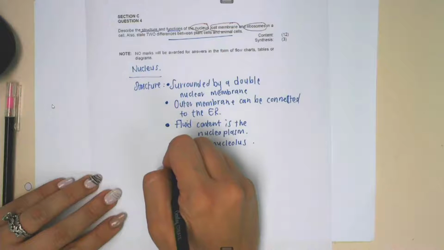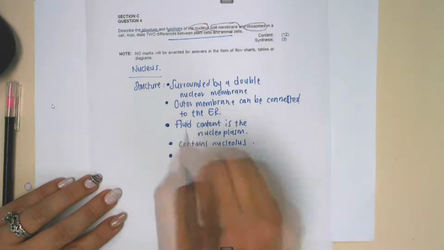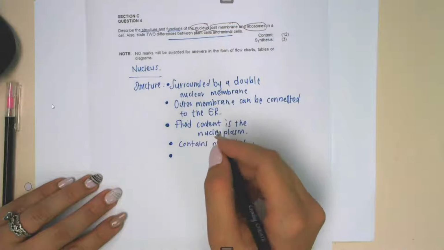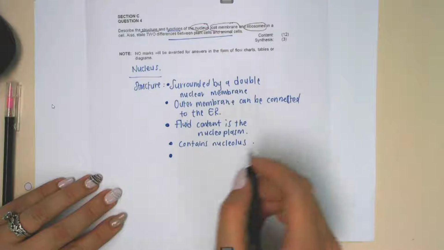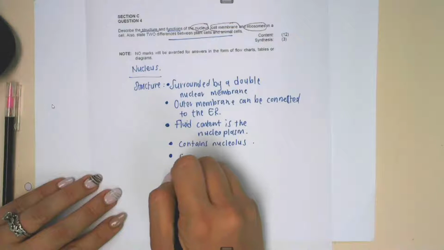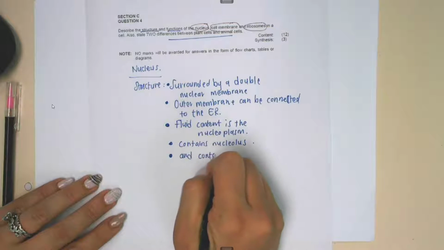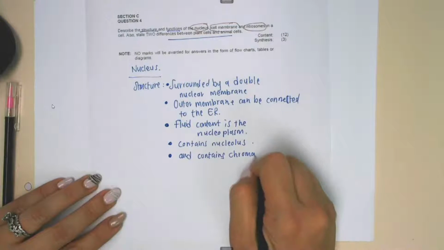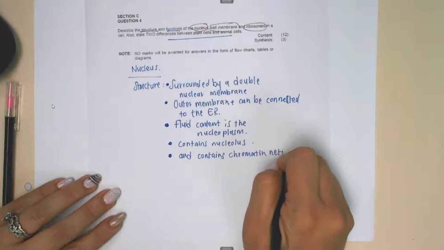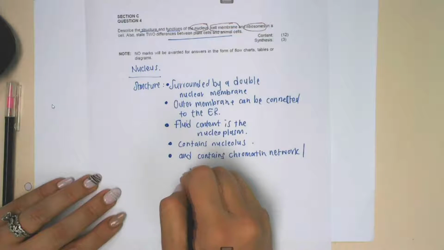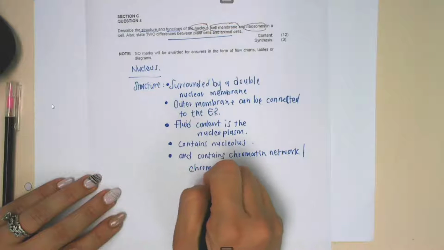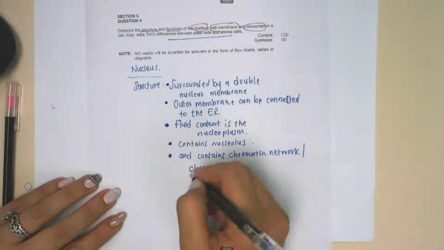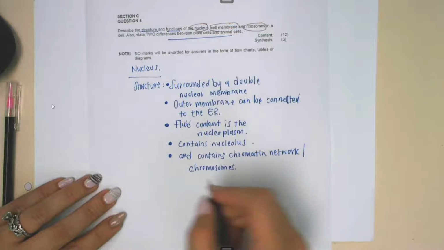Remember what I said? It was the wound up chromosomes inside of your nucleus, which eventually gives you your DNA. So it contains your chromatin network, your chromosomes. Remember, each and every organism has a different set of chromosomes, which makes us unique.